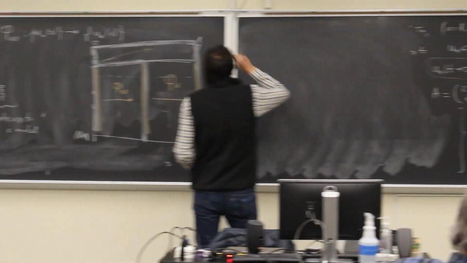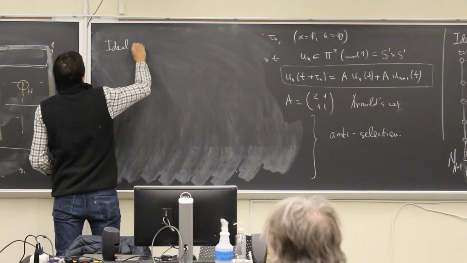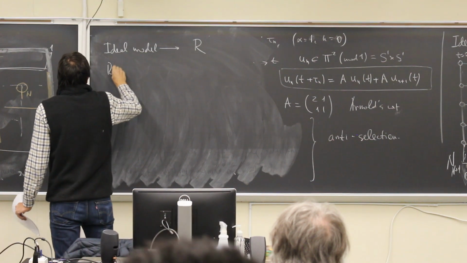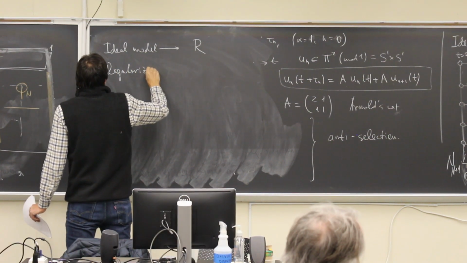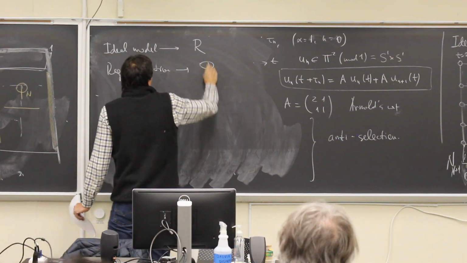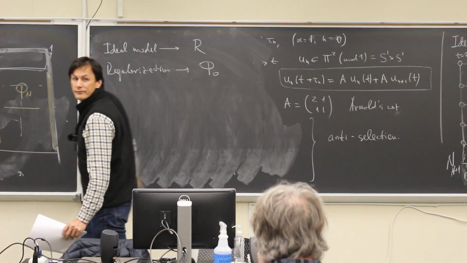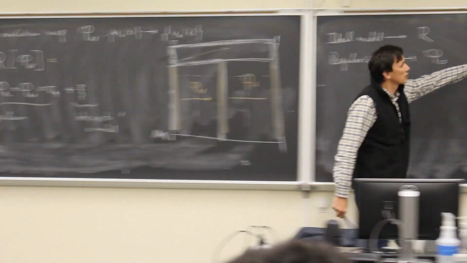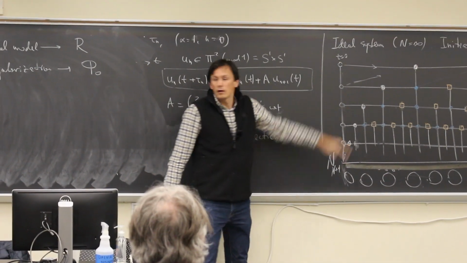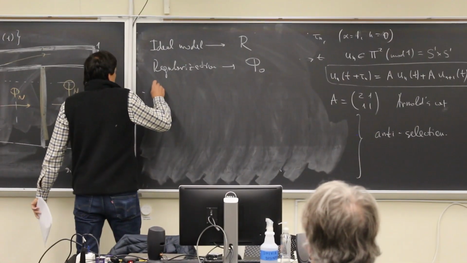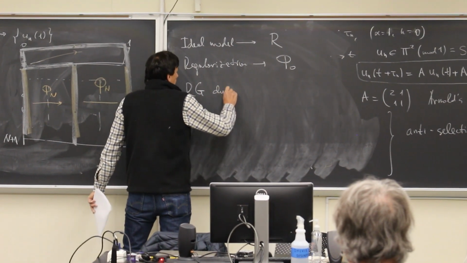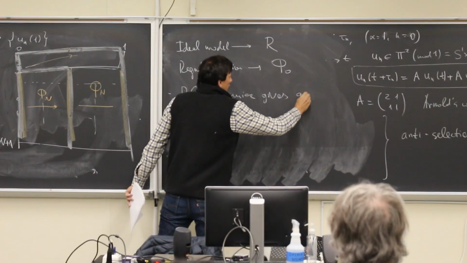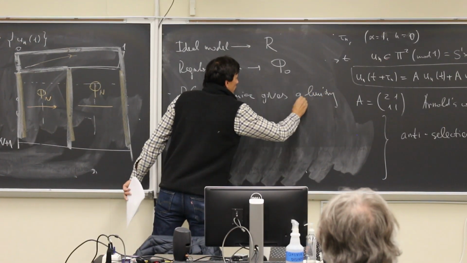So essentially, the ideal model gives us an operator, regularization gives us the initial map, because the regularization gives us a map which was just cut right here, and the RG dynamics gives a limiting behavior.